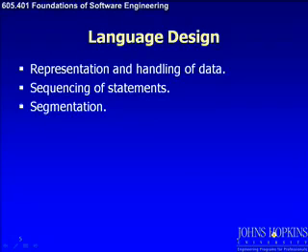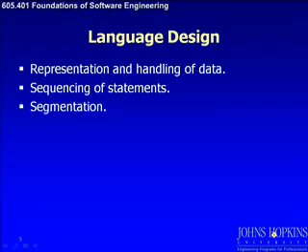There are three other aspects of language design. Everything seems to come in threes in this module. Two of the things are mandatory. The third thing is nice to have. The first two are representation and handling of data.